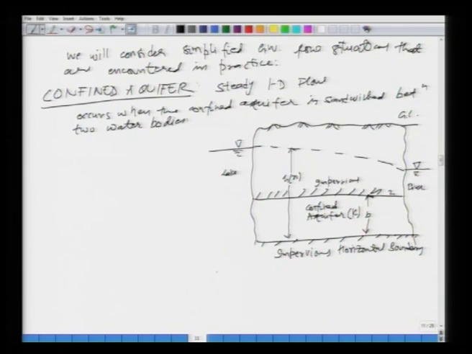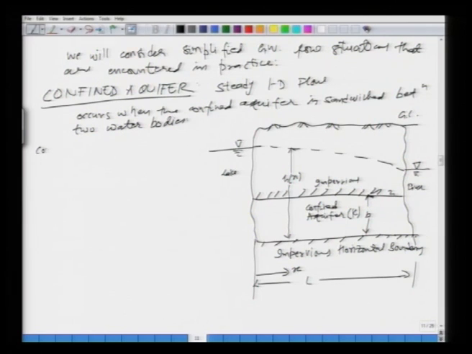What is x? Well, x is the direction of flow, which is in this direction from left to right, and let us say that these two water bodies are some distance L apart. It may be 100 kilometers or whatever, but we know that distance. So, this is the situation.